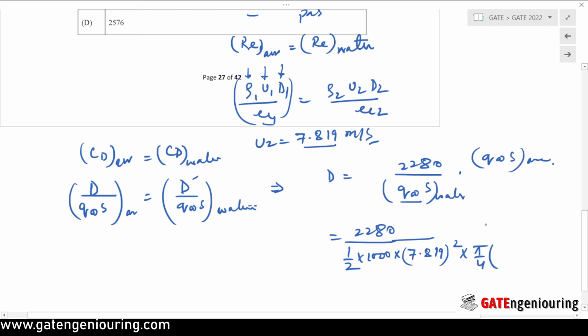So the diameter for the water model is 0.45 square. Similarly here, 1 by 2 into 1.2 into v square, with v as 60, into pi by 4 into 0.9 square.